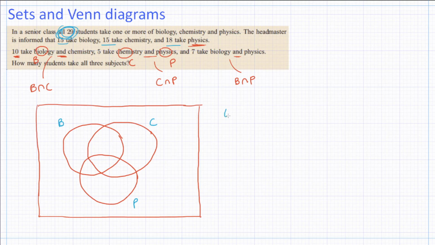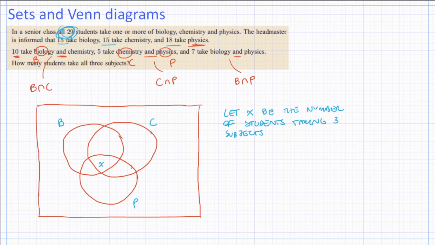Now let's do something similar to the previous example. Let x be the number of students taking all 3 subjects. That's basically this in between here, the number of students who take all of those.